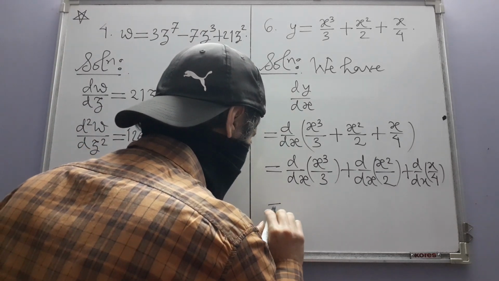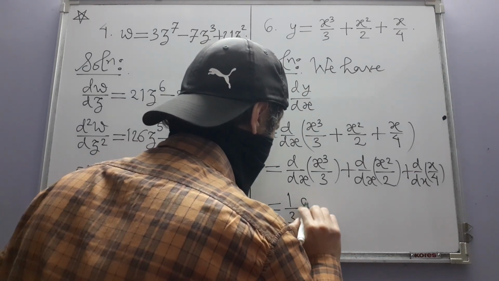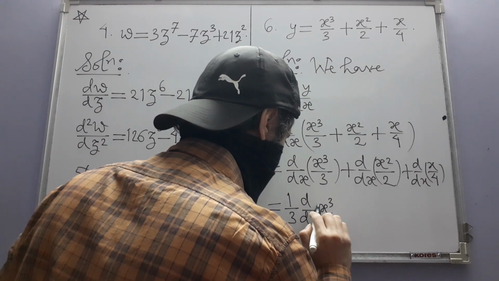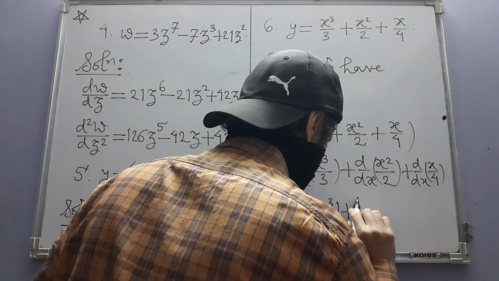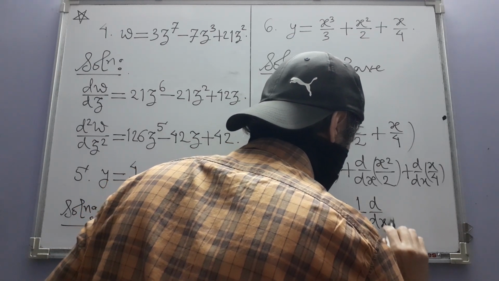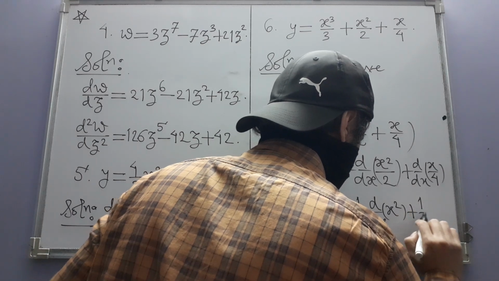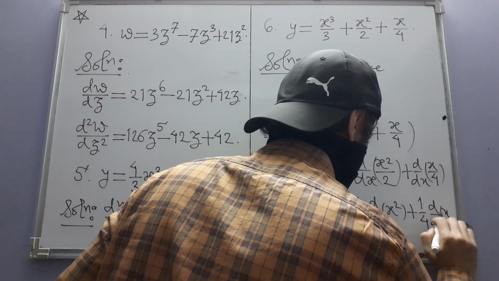Here also we are going to do that same. And then we use the power rule. That's the natural sequence when differentiating a polynomial. Plus 1 over 4 d/dx of x.